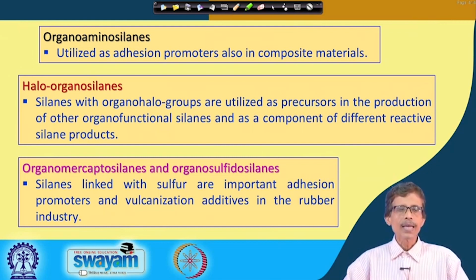So, again it is like our previous cases, an addition promoter or a vulcanization additive in the rubber industry. So, we utilize different types of silicon rubber, and that silicon rubber can already have the sulfur, and that sulfur can be utilized for your cross linking material.